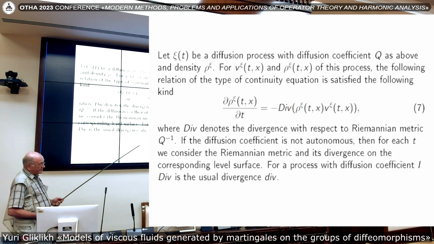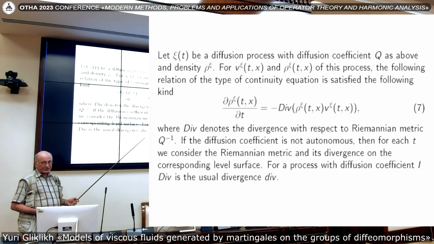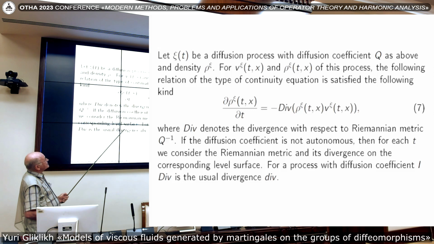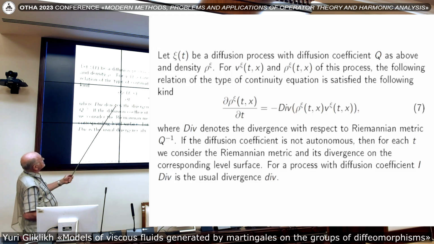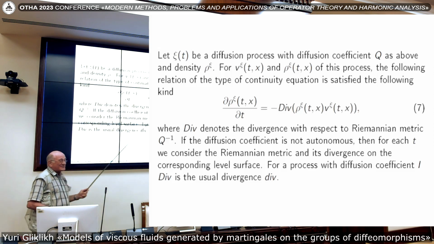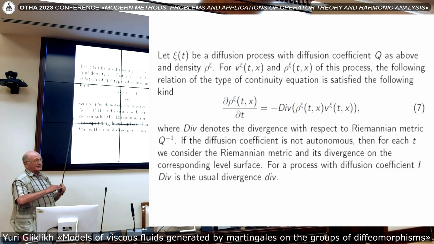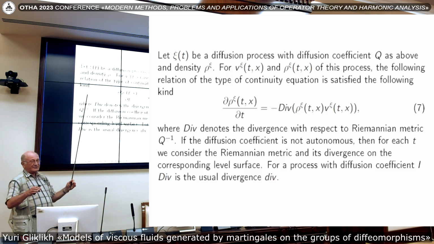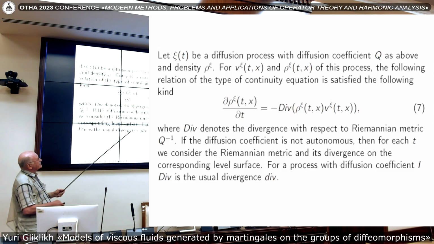And if the diffusion coefficient depends on t, then we obtain the same formula, where the divergence will be the divergence on the level surface with that constant t.